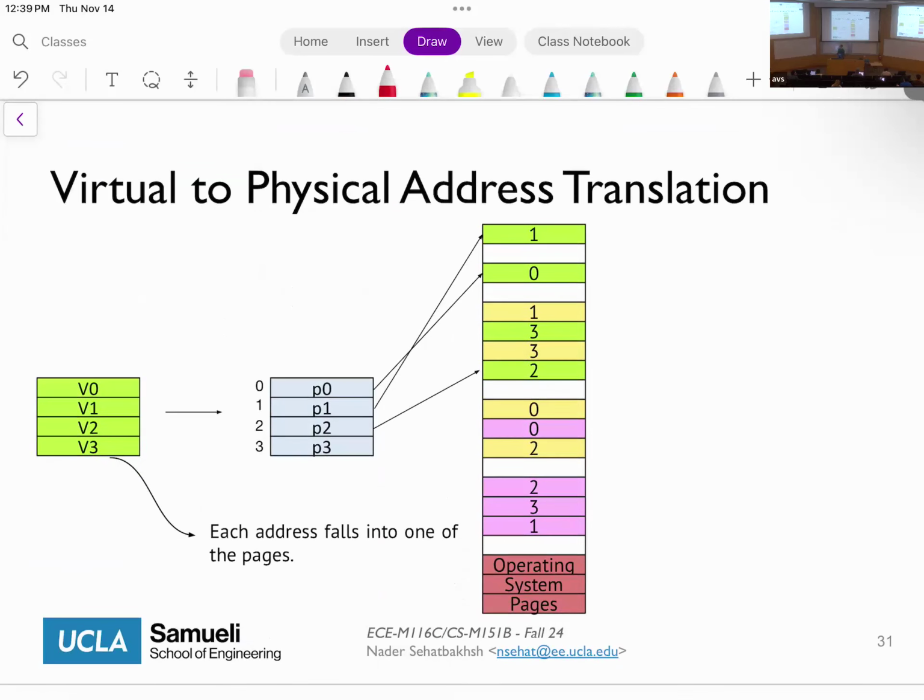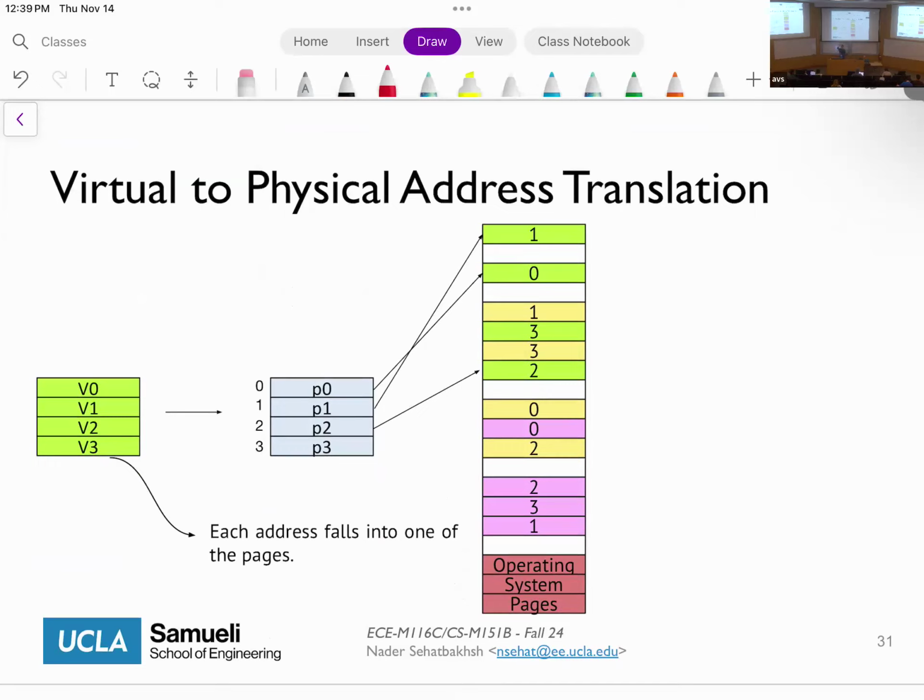So this is the process, okay? We have what we call virtual addresses, and you can also consider your virtual addresses as different pages. Your virtual address first goes to the page table and finds the corresponding page for each address.